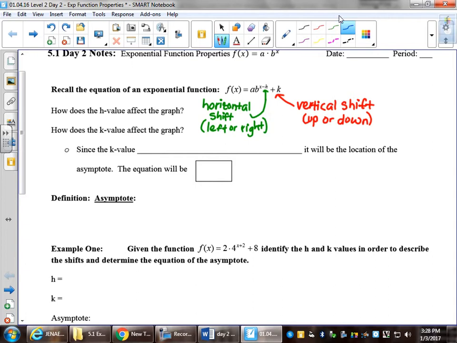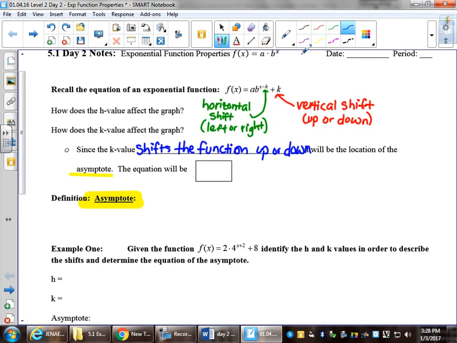Since the k value shifts the function up or down, it will be the location of what we're going to call the asymptote. And that's a very important vocab word, so you should highlight it. If not right there, right here. Maybe just underline it here.